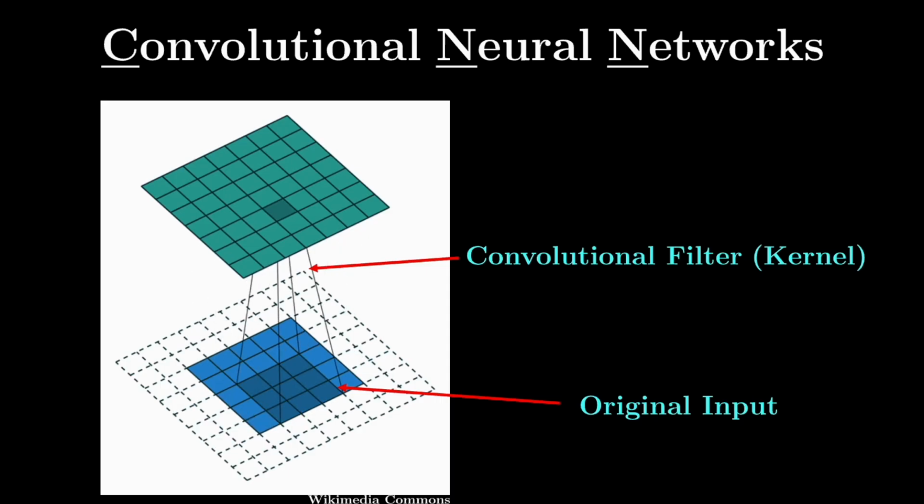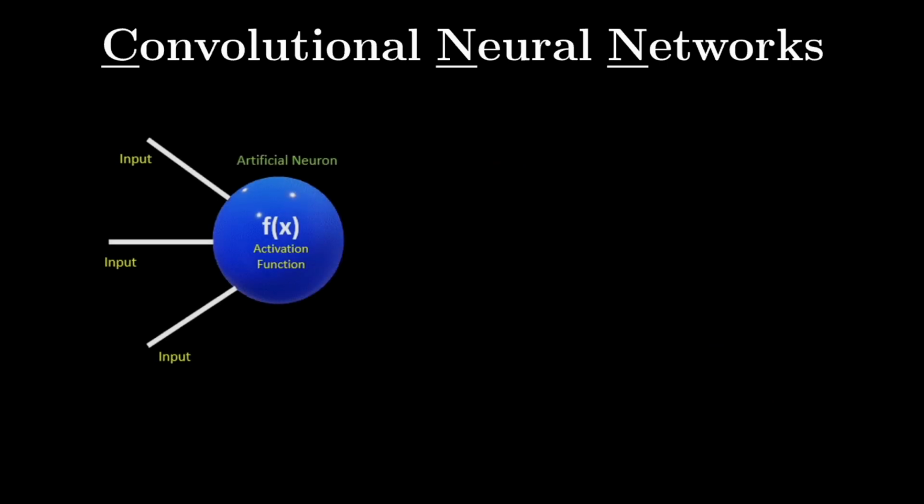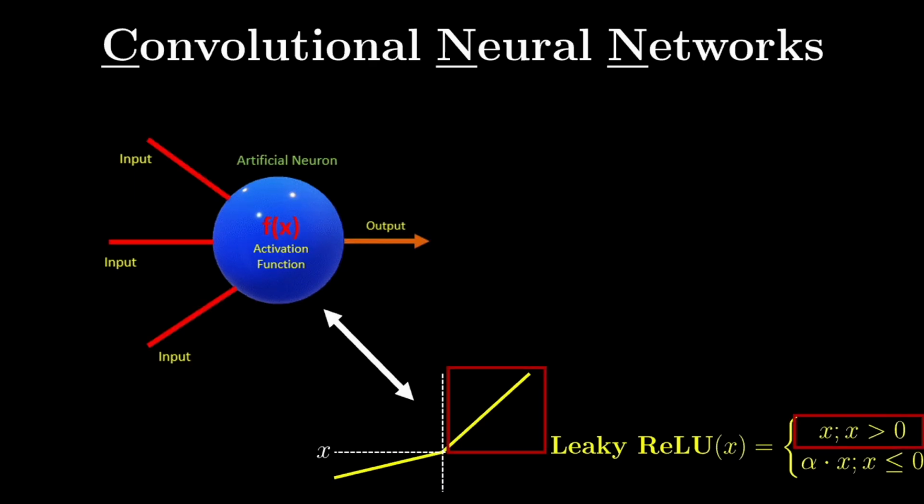Because this operation will reduce the spatial dimension of the signal, extra pixels are added around the border of the input to preserve the size in a process known as padding. After each convolution, the leaky ReLU activation function is used to calculate the output of the node given certain inputs. This activation function is chosen as it introduces nonlinearity into the model, allowing it to learn more complex patterns.